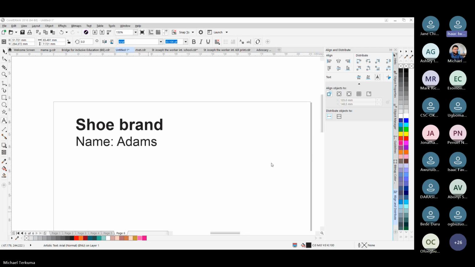So a gray color can go for an international brand. Gray, okay. What is your reason for choosing gray?